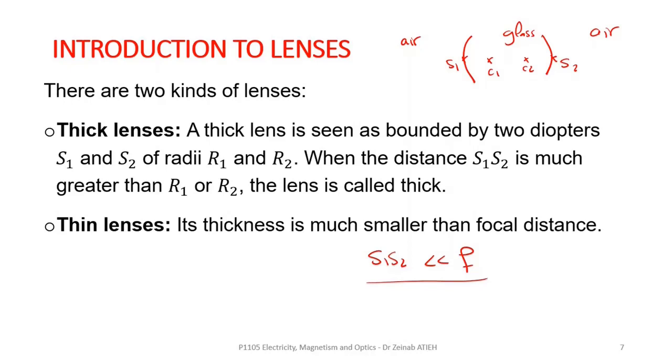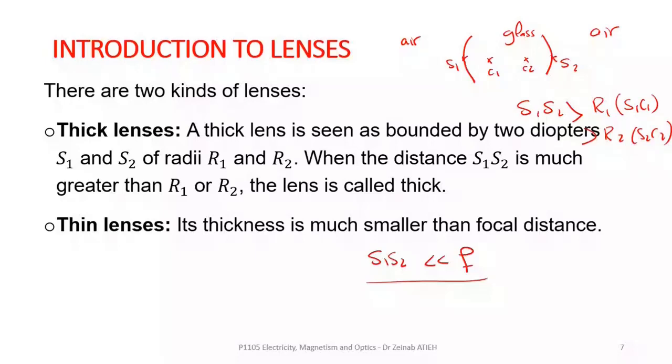So no need to worry about differentiating. But keep in mind that if S1S2 is large enough, we treat the problem as a diopter. If this distance is very small compared to the focal distance, we can go to the thin lens.